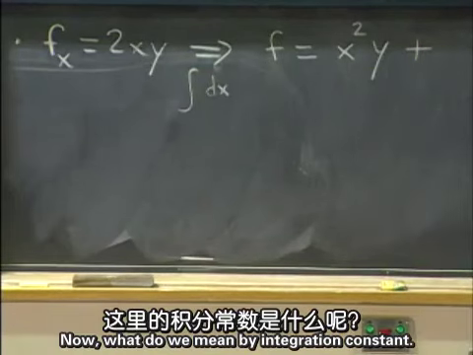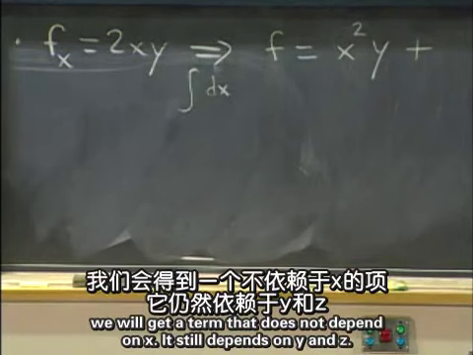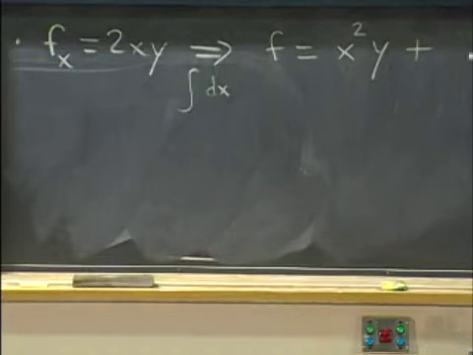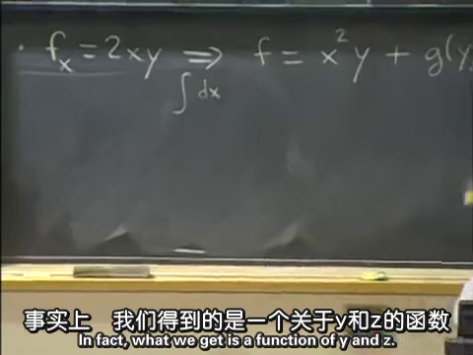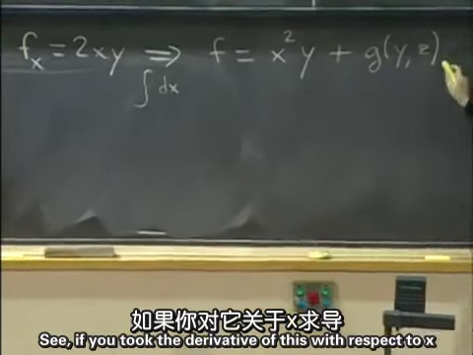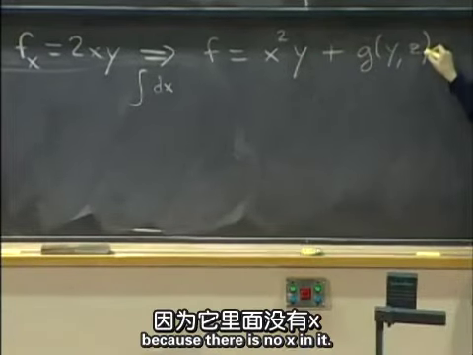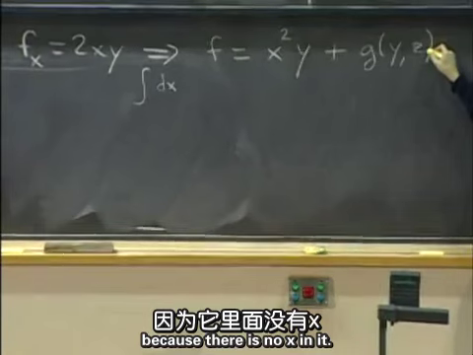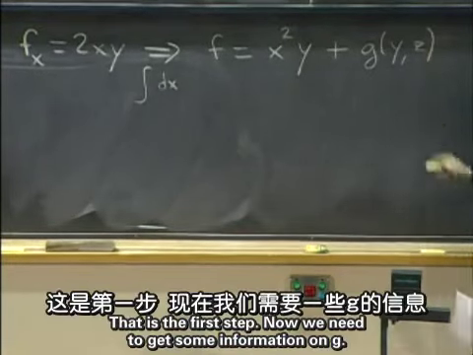Now, what do we mean by an integration constant? Well, it means that actually for given values of y and z, we'll get a term that does not depend on x. It still depends on y and z. So in fact, what we get is a function g of y and z. See, if you took the derivative of this with respect to x, you'll get 2xy, and this guy will go away because there's no x in it. Okay? So that's the first step.